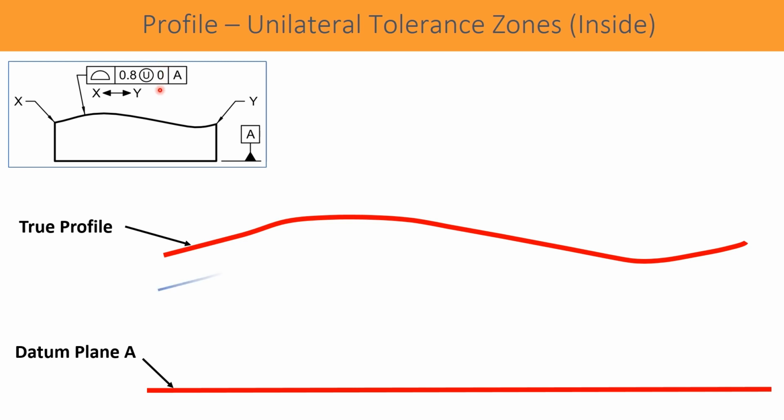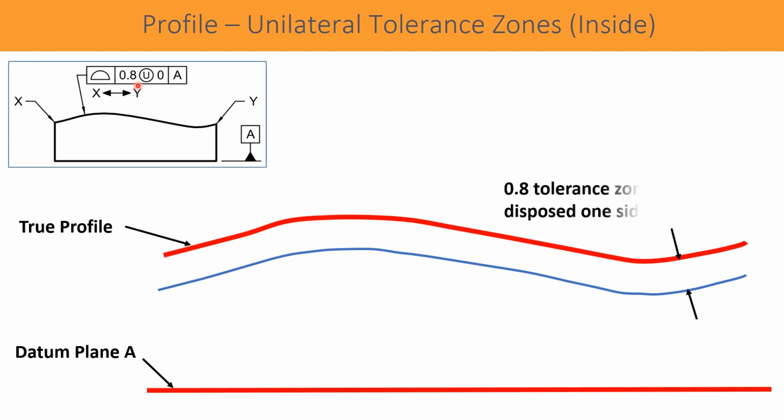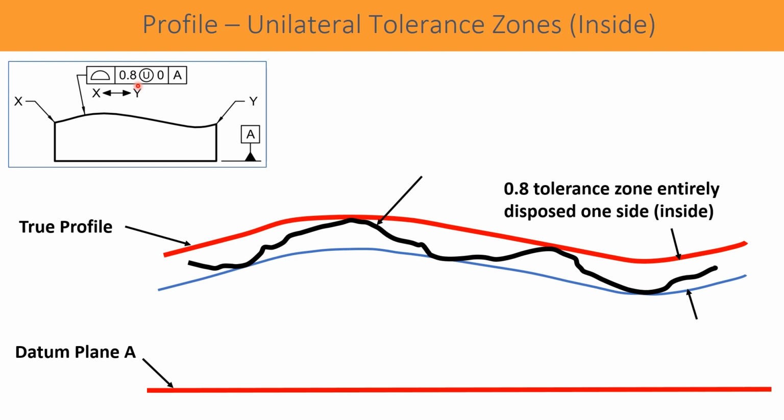So on the positive side it is completely zero tolerance, and below the material or below the true profile the complete tolerance zone 0.8 remains. Now the actual profile must lie within this tolerance zone 0.8, and this is what is called an unequally disposed tolerance zone.